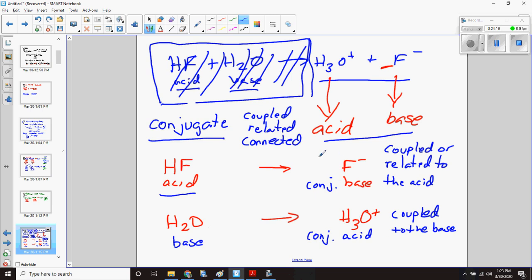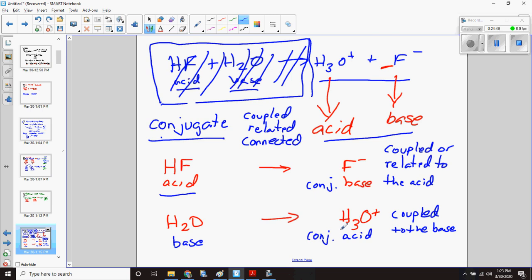I think back to when I first heard the word conjugate, I had no idea what it meant until I looked up the definitions: coupled, related, or connected. An acid, which is a proton donor, makes a base which is coupled with it, a conjugate base. A base ends up making an acid which is coupled or related to it, called a conjugate acid.